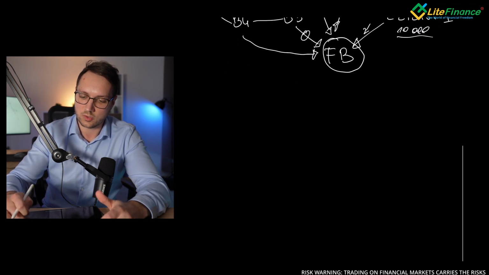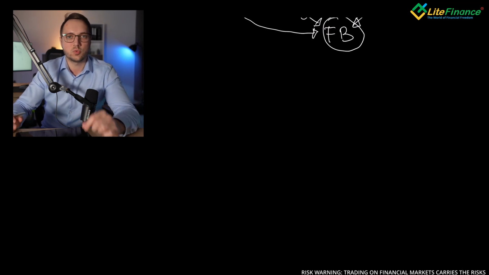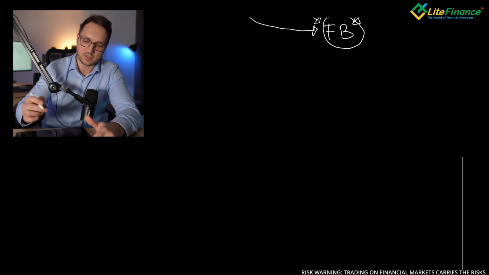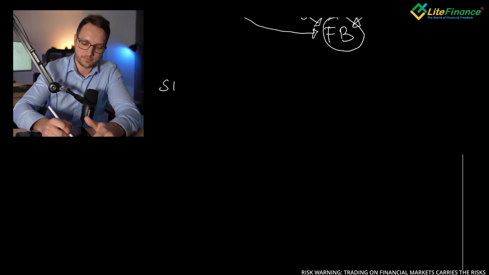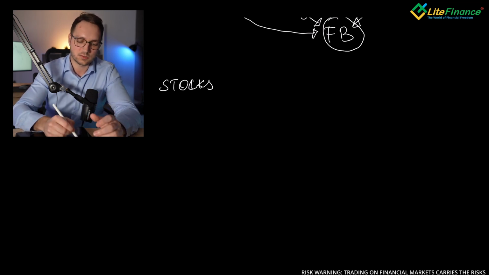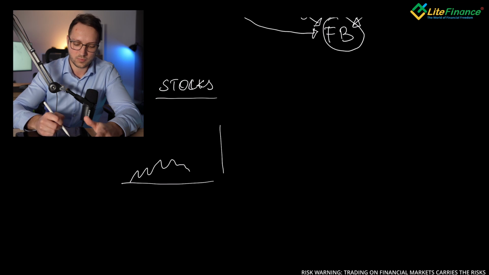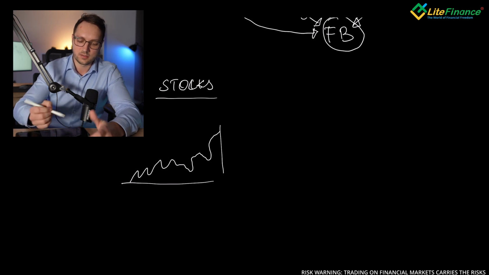At the end, what I want to add is to talk about the difference between currencies and stocks. So let's discuss that. We have stocks, and the thing that you need to know is that stocks are a rising asset. If you would like to draw a chart, it would look like that, right?